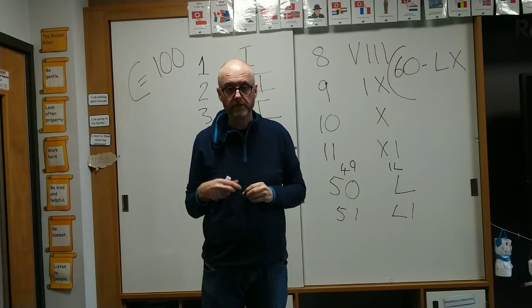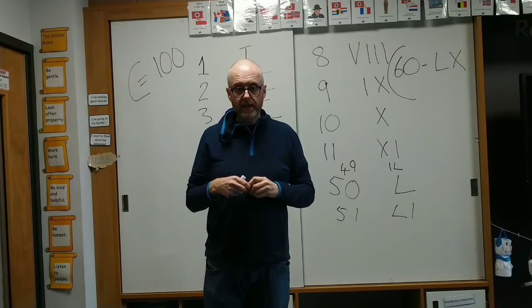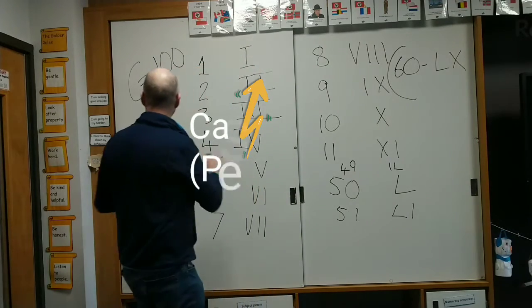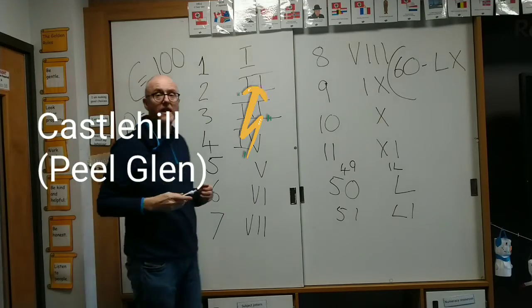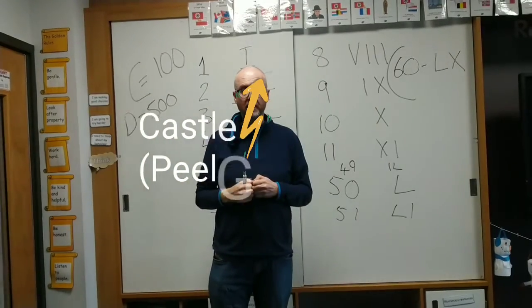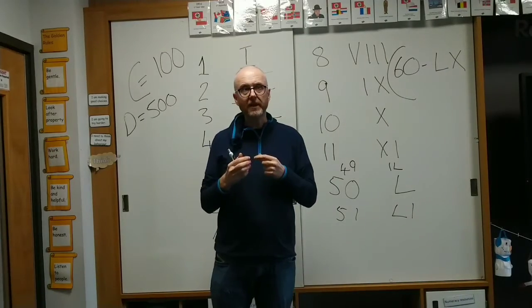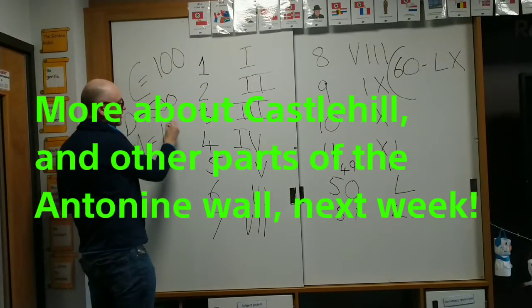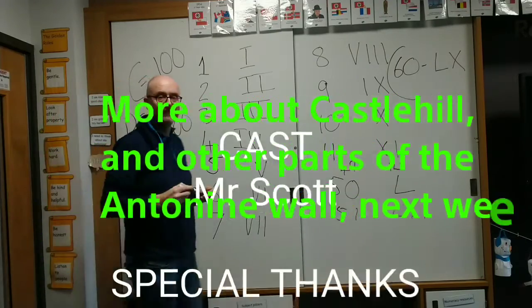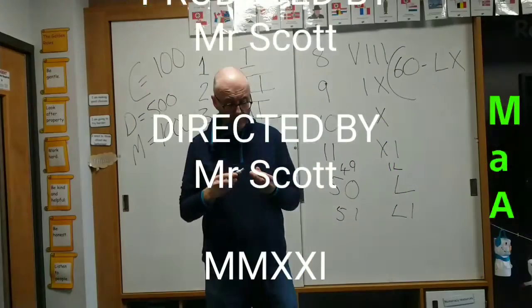It means 100, cent. D equals 500, and M stands for mil, is 1,000. Okay, so that's something that the Romans left us.